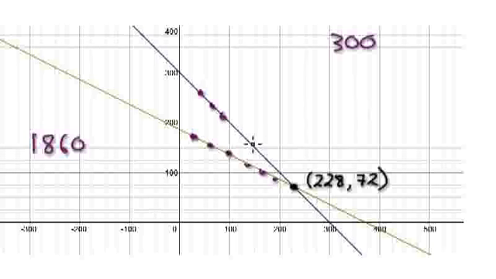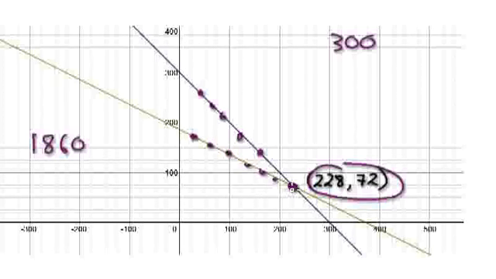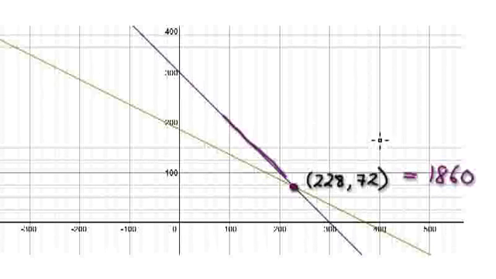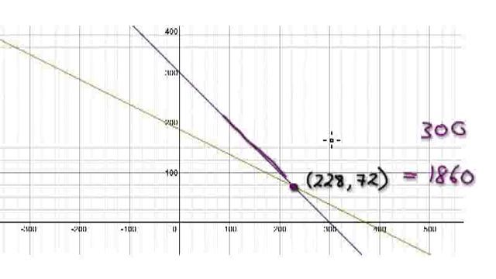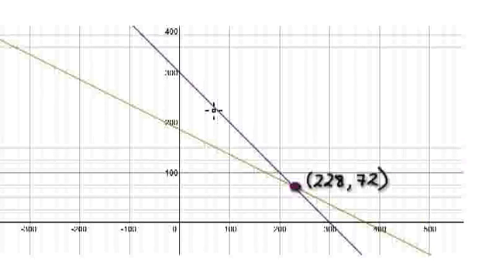So you have to find a point where the two conditions are satisfied, and that's where the two lines cross. At this point, the green line gives us a value of 1,860, and the purple line gives us 300 notes in that suitcase in total. So basically, it boils down to finding the intersection of the two lines.